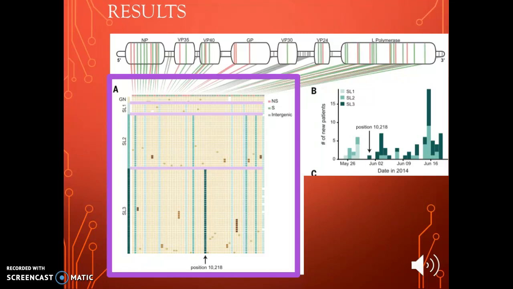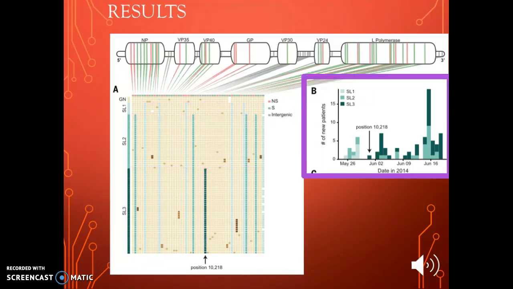They represent 3 unique haplotypes, and in figure B, you can see that the SL3 haplotype is introduced in early June of 2014, and then quickly becomes the common haplotype among those sampled. So there's some evidence to suggest that that had evolved some kind of adaptation that made it more prolific within the population.